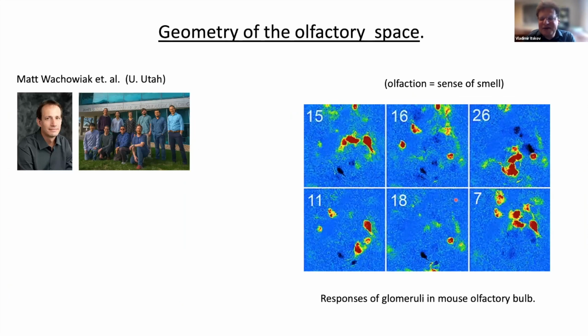So, and here we actually use some data that comes from the lab of Matt Vakovic at University of Utah. And again, what they do is calcium imaging of olfactory bulb. So what you see is actually surface of olfactory bulb in response to particular odorants.